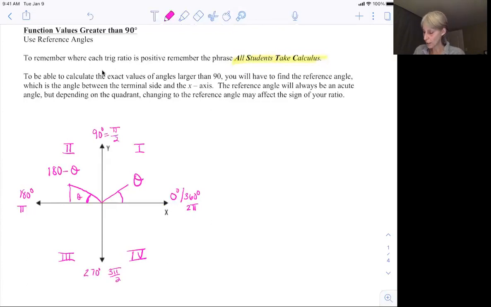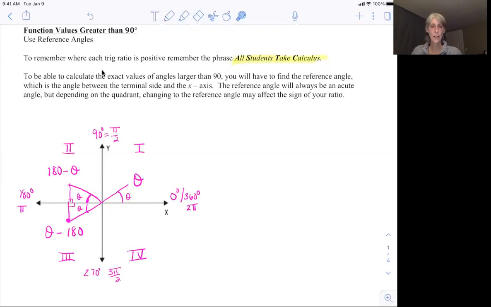When we have our angle in quadrant 3, drop a perpendicular to the x-axis. We can use the side lengths of that triangle, and to find the reference angle for that angle, remember, that's that guy there. That's the triangle we're using. We do theta minus 180, because it would be the angle that we're given.